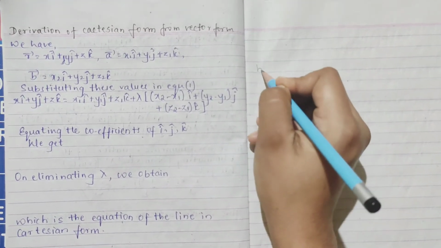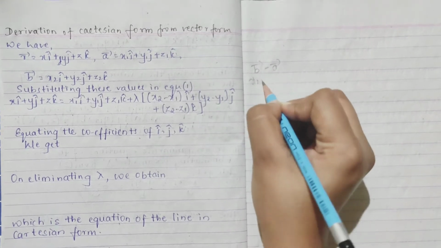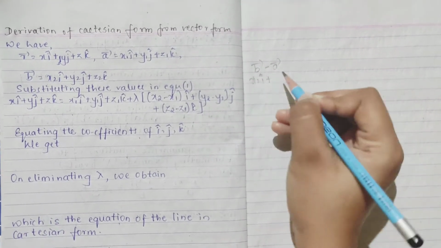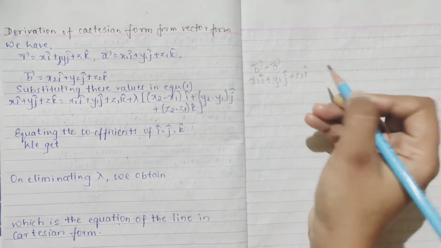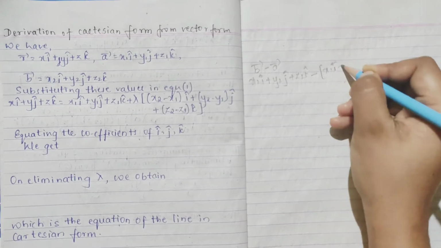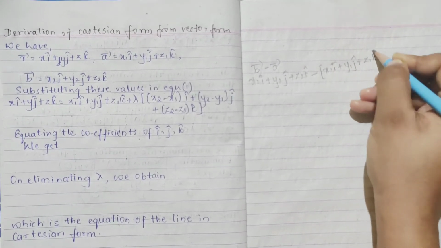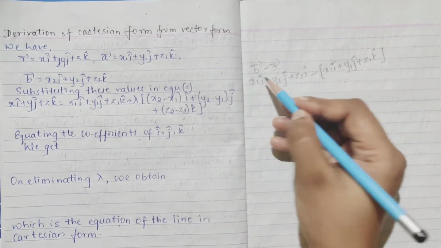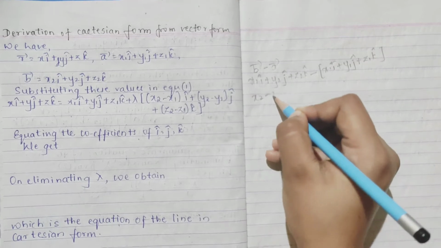See how you have vector b minus vector a, right? Your vector b is x2 i cap plus y2 j cap plus z2 k cap, minus x1 i cap plus y1 j cap plus z1 k cap, like this. So for the i coefficient I can do x2 minus x1, I am grouping, right?